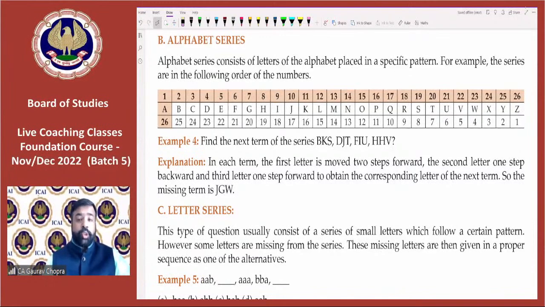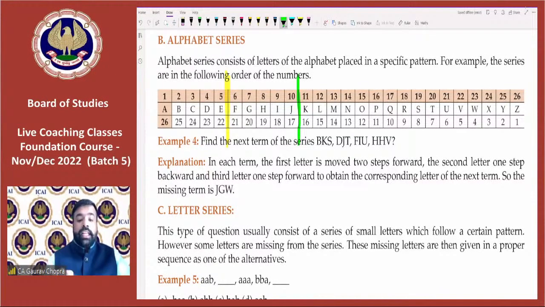If we remember them, it becomes easy for us to solve. So let us remember first till 5. A is on first position, B is on second, C on third, D on 4, E on 5. After that, you can remember till 10.